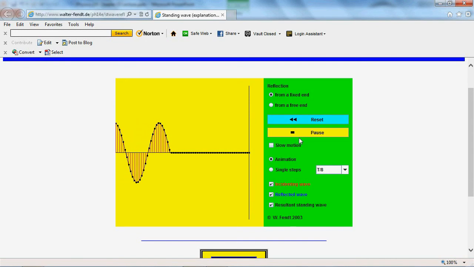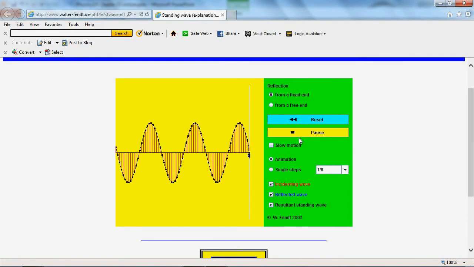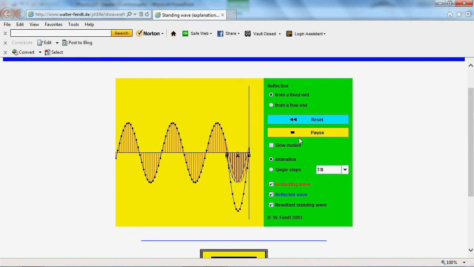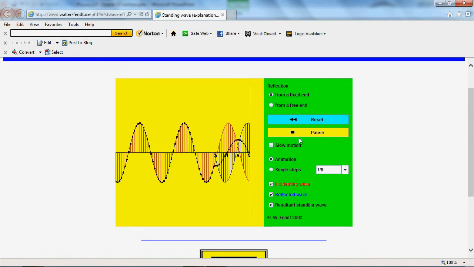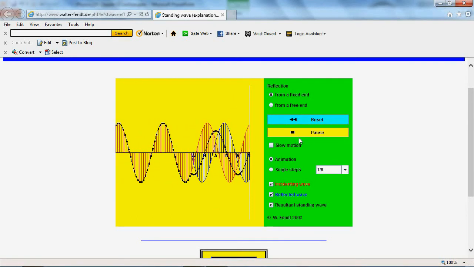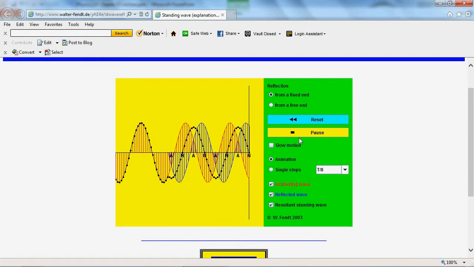The wave propagates down the string. It's going to get to the end here, and it's going to flip. Now the black line with the dots is what the string would be doing, and the red shows the incident wave, or the wave that you're starting with, and the blue is the reflected wave.